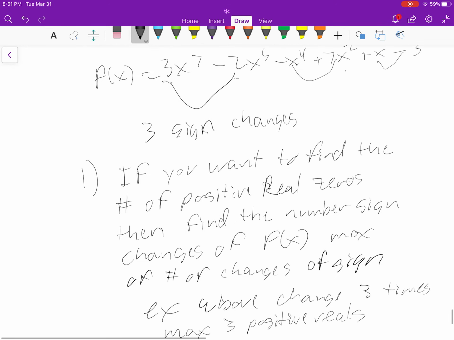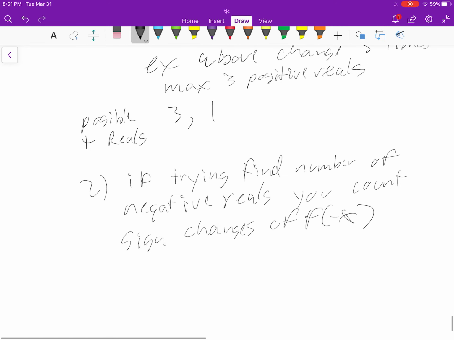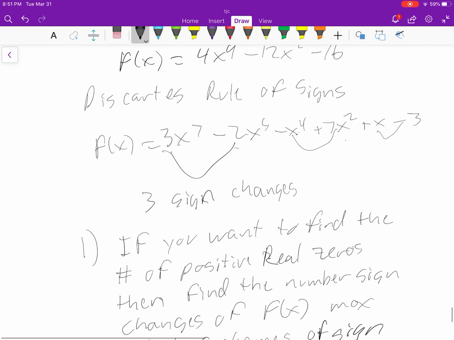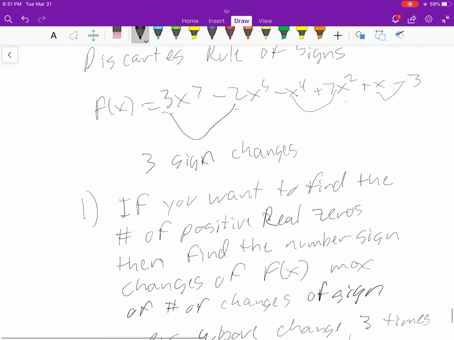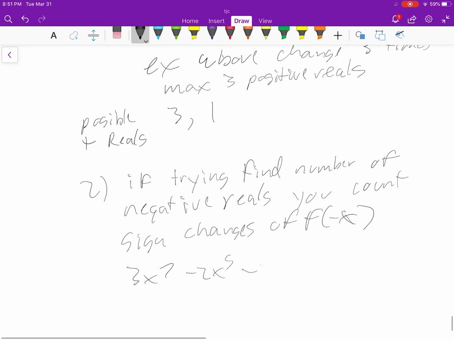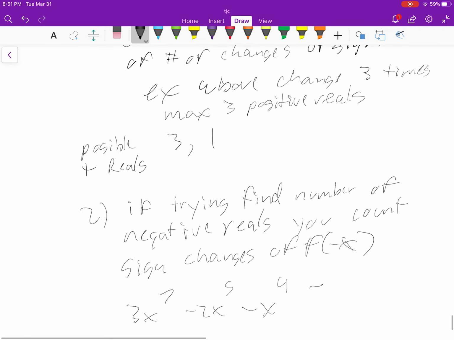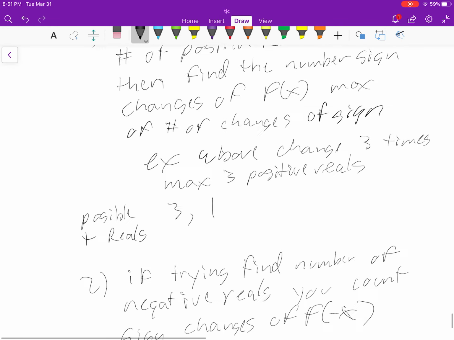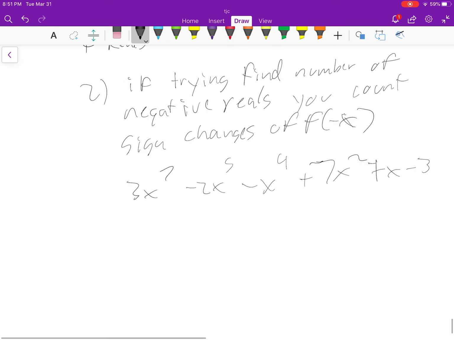So above, originally we had 3x to the 7th, negative 2x to the 5th, negative x to the 4th, plus 7x squared, and then plus an x minus 3.